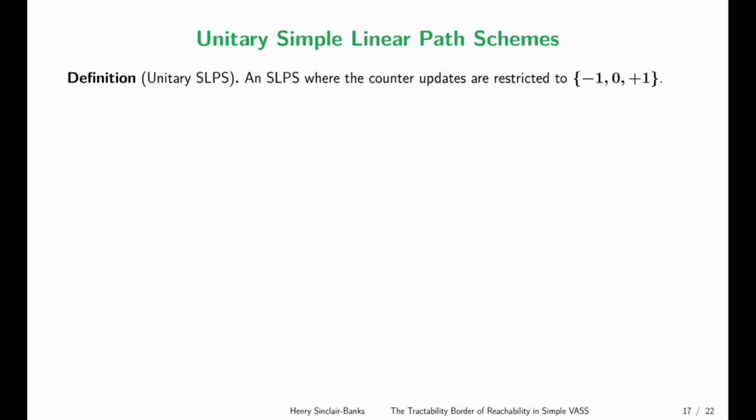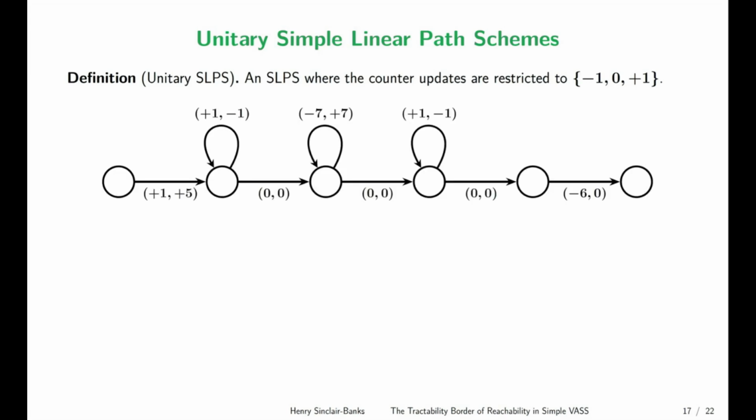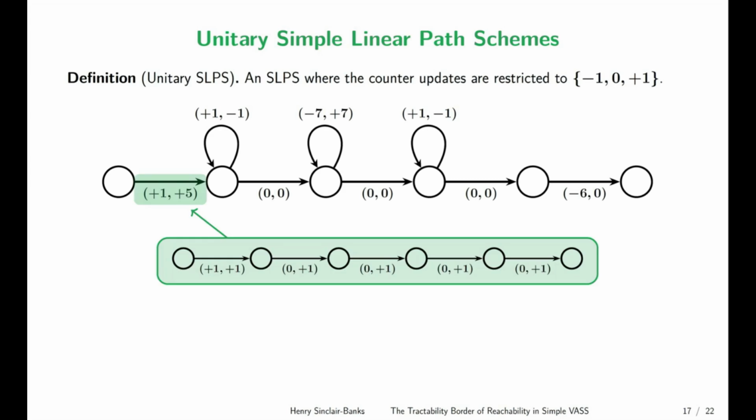But because of the restriction of simple self loops, I'm not allowed to blow that up into 5 transitions. So if I take this example again, I can blow this up into 5 transitions, which is fine, but I can't do -7 +7, because if I turn it into 7 transitions, I lose the simple property. It's not a self loop anymore.